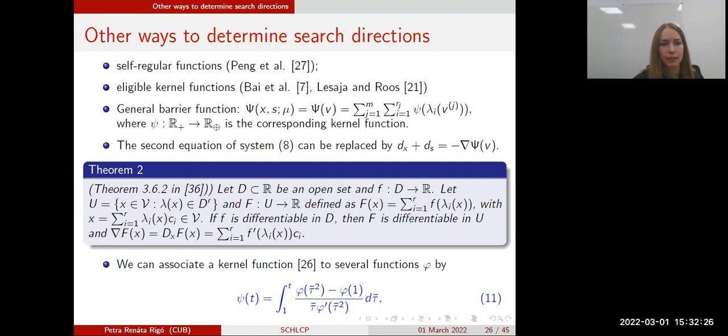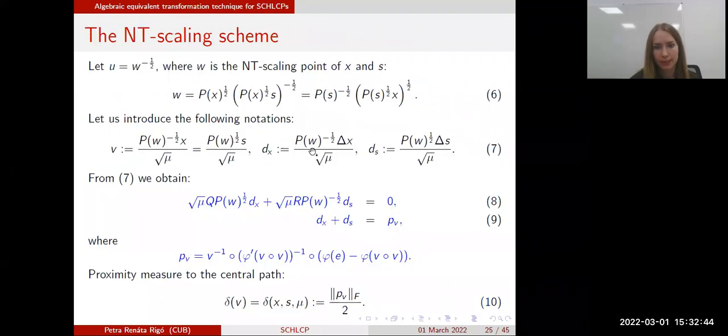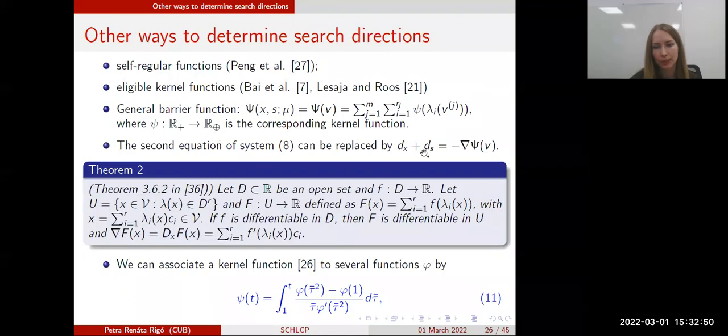So if we consider this general barrier function in this form, where these are the eigenvalues, and this small psi is the corresponding kernel function, then the right-hand side, so the second equation of the scaled system, can also be replaced by this one, where this is the notation that we can see here. So if we have D as an open set and an f from D to R, and the big F from U to R, defined in this way by using the eigenvalues.